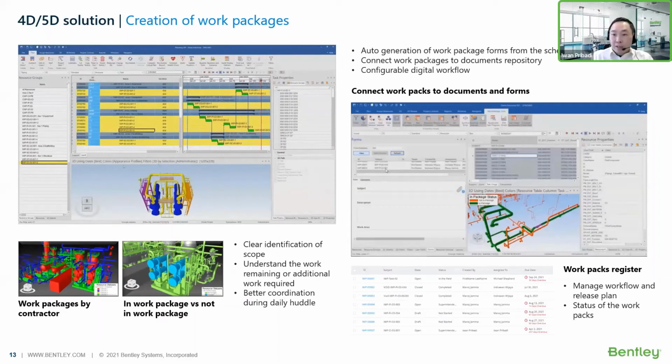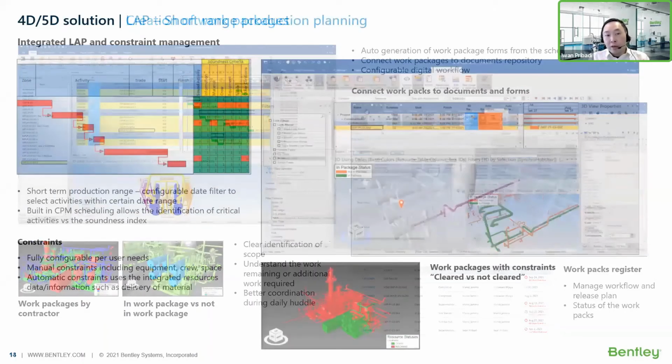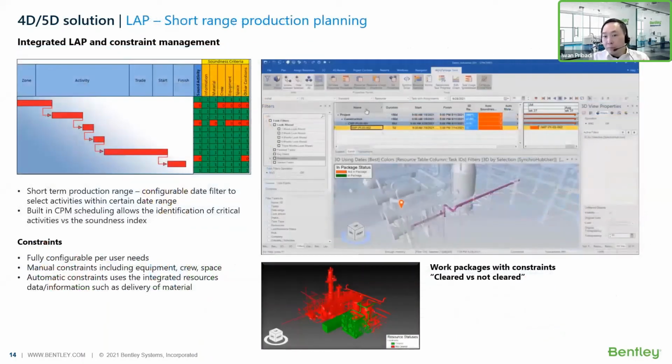The next step in this process is overlaying the constraint check I described earlier, right? This is all about short-range production planning. While the work package by nature is a short-term installation sequencing, adding the constraint management piece on top of the work package during the look-ahead planning process adds huge value.